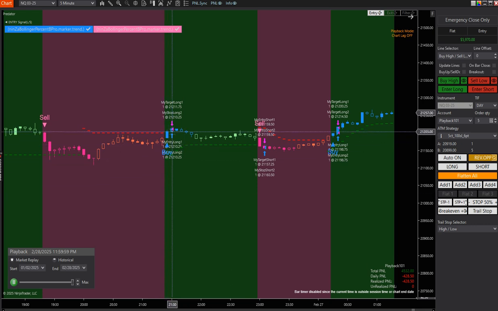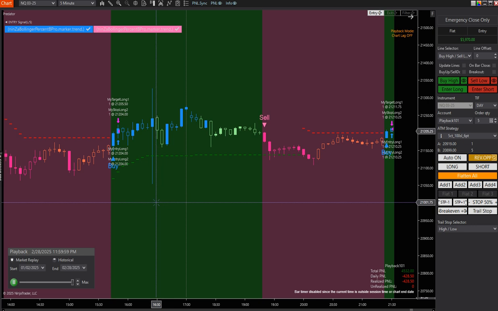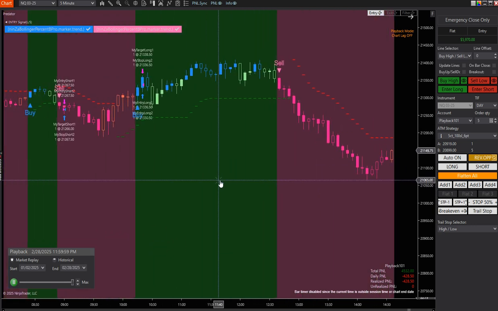Here maybe a short profit, and then it goes back down. So pretty much it gives really good signals. You can see here you have this sell right here. It paints the background pink, right? And you can just ride the trend right here. Let's see where else.